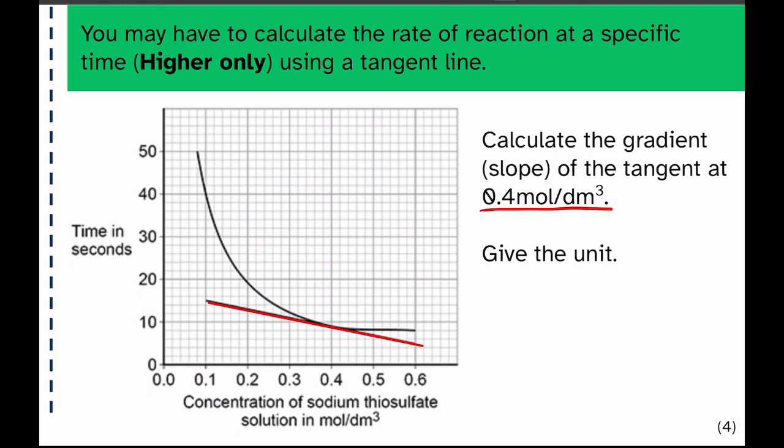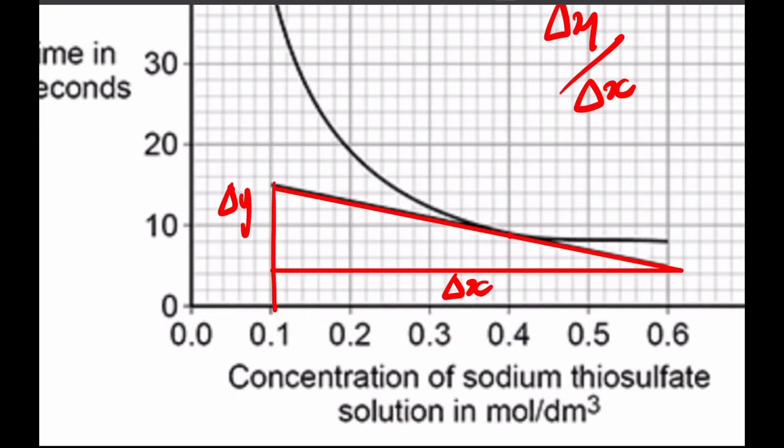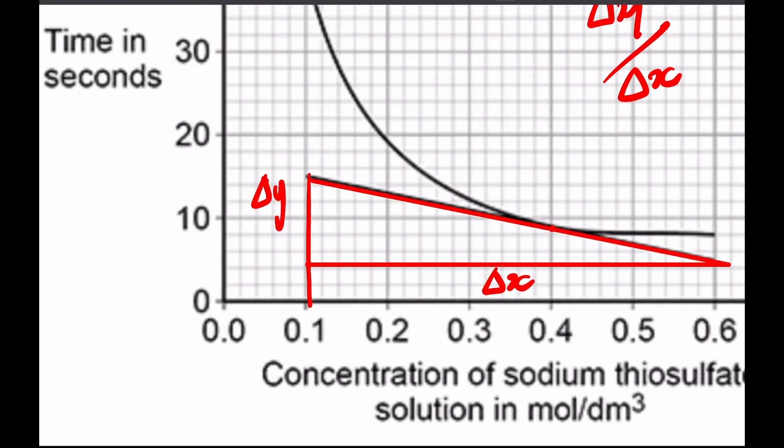And then to calculate a tangent, you just do the change in y divided by your change in x. Change in y over the change in x in order to calculate the tangent. You can extend this line if you don't like the numbers, but you would have to use the maths.